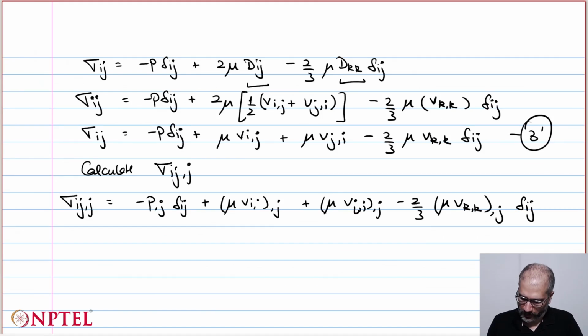So let us expand this. So the first term, which has p comma j, stays as it is, and then we have this term here.